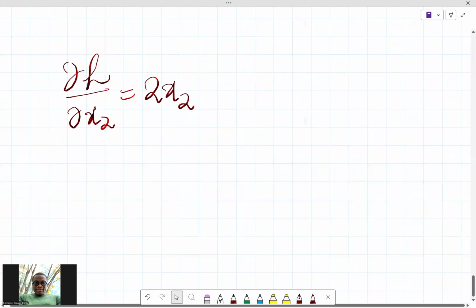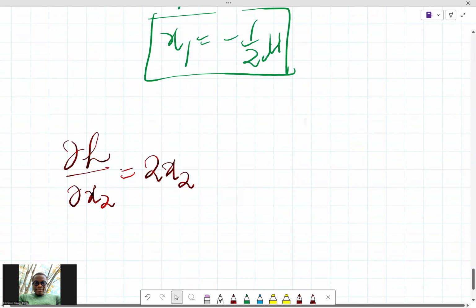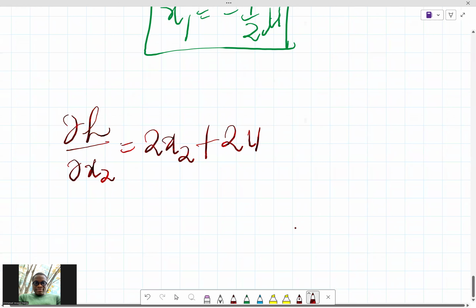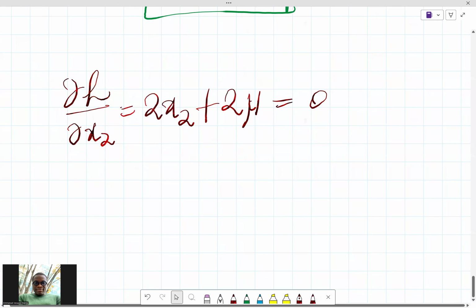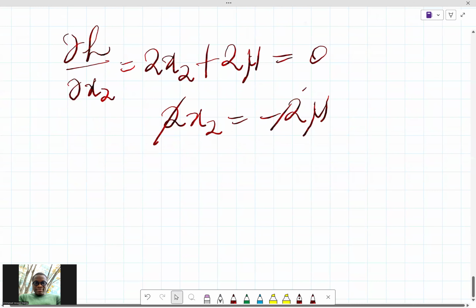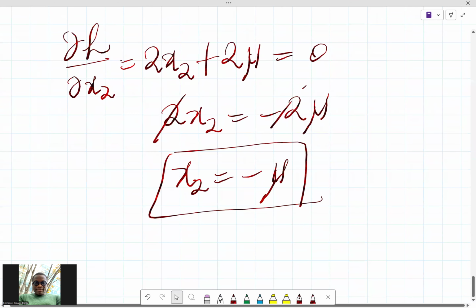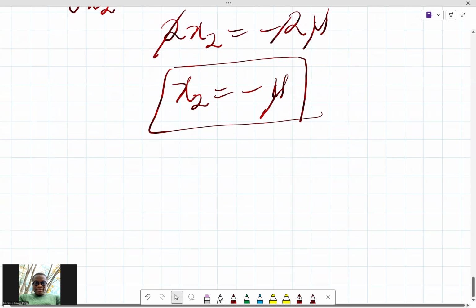So there we have plus 2 mu, and all of this is equal to 0. So we are looking for x2. We have 2x2 equals minus 2 mu. If you divide through by 2, x2 is simply minus mu. The first one is minus half mu, right? So we have all that.